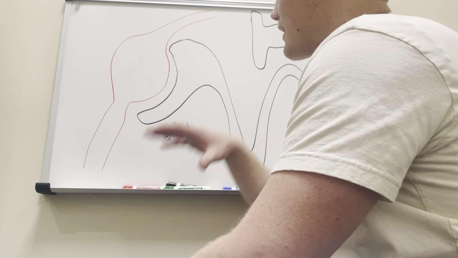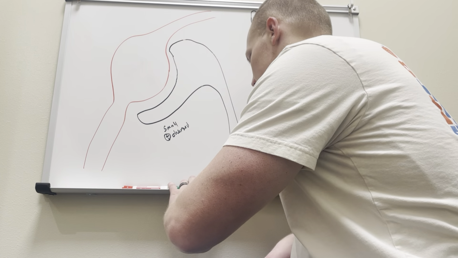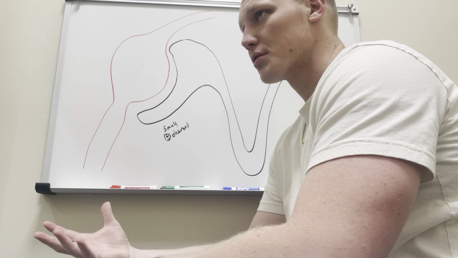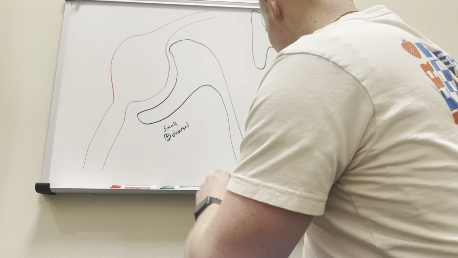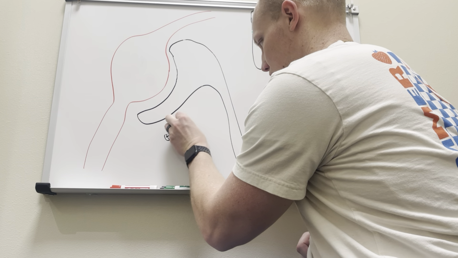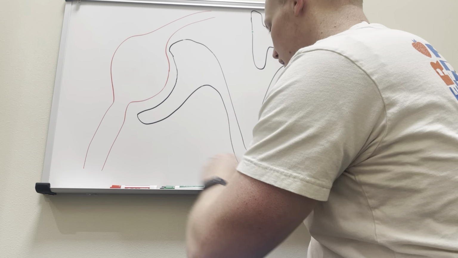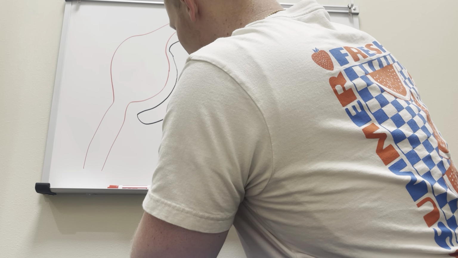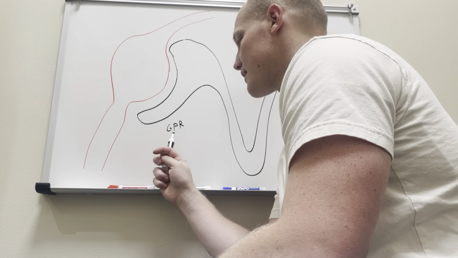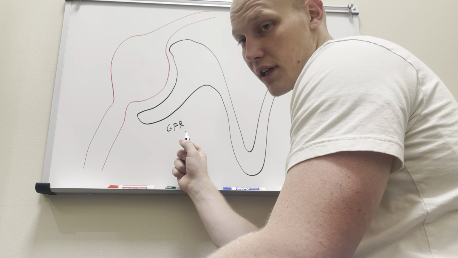And that leads us to discussing how we measure if something is filtering correctly or at the correct rate. So we have a measurement called GFR, which stands for glomerular filtration rate.